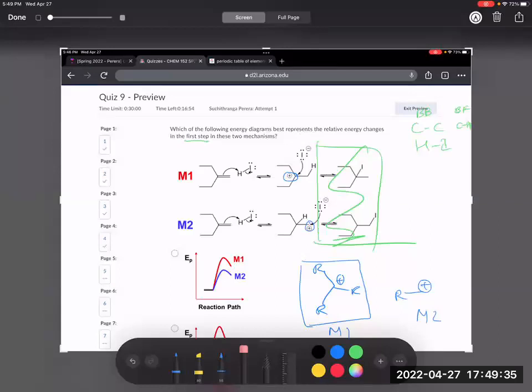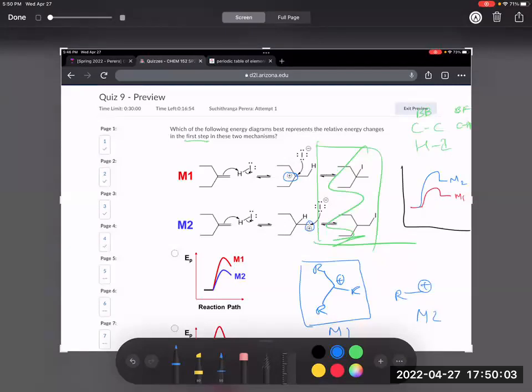Here's our energy diagram, and I'm going to use red for M1. So M1 should be like this. And when it comes to M2, I'm going to use blue. You're going to have a higher energy in this intermediate, or the product of the first step.